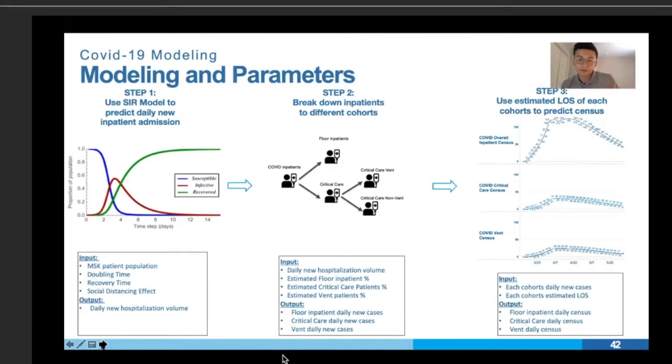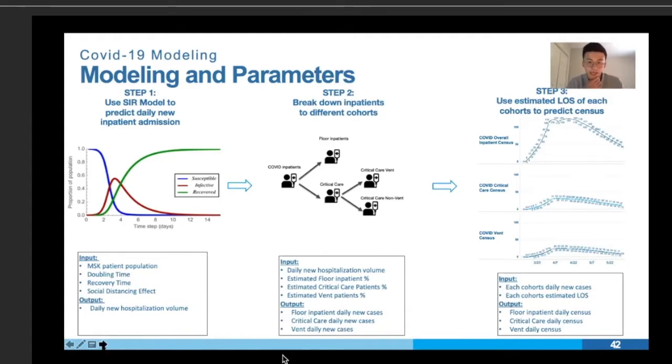And for step 3, we need to get a sense of what the daily census of these 3 cohorts looks like. Now that we have the daily new cases, we need assumptions on the length of stay that these 3 cohorts of inpatients will spend in the hospital. We made assumptions for each of these 3 cohorts, and eventually we got the daily census.